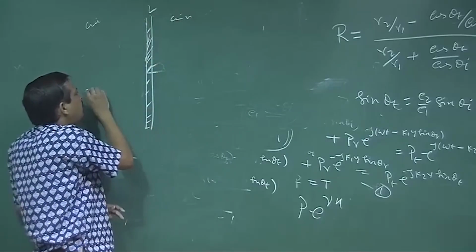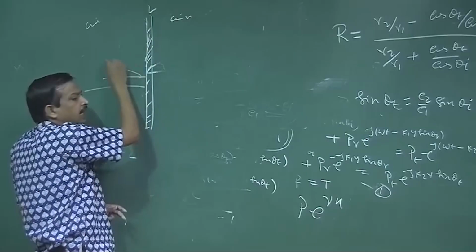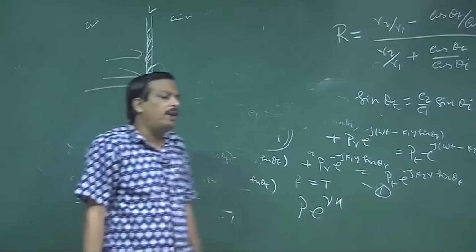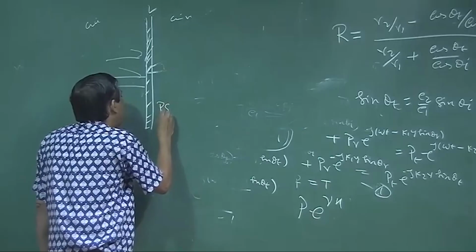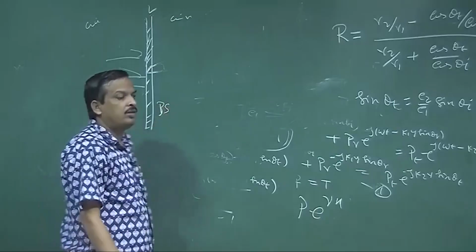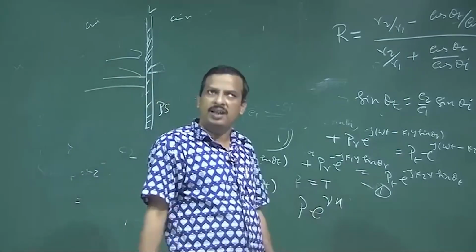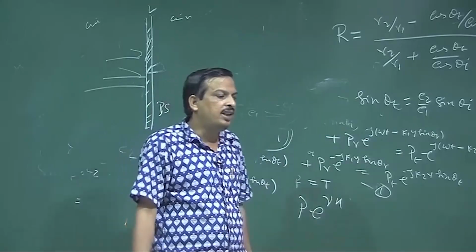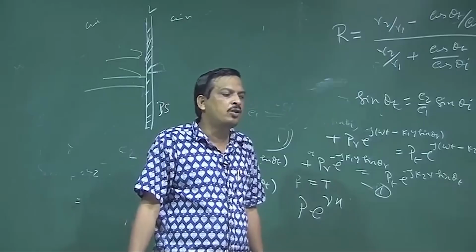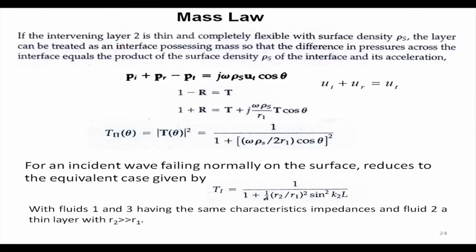Once the acoustic wave falls on this intervening layer, completely flexible, let the surface density of this layer be rho S. Surface area multiplied by the density is the surface density, treated as an interface possessing mass, so that the difference in pressure across the interface equals the product of surface density and its acceleration.